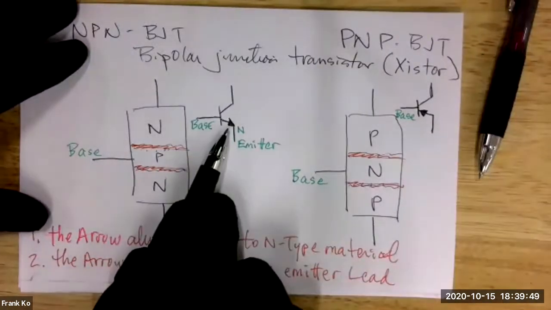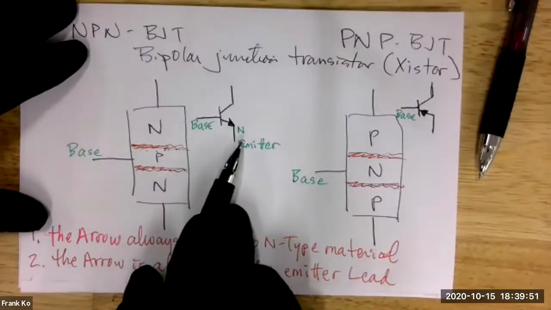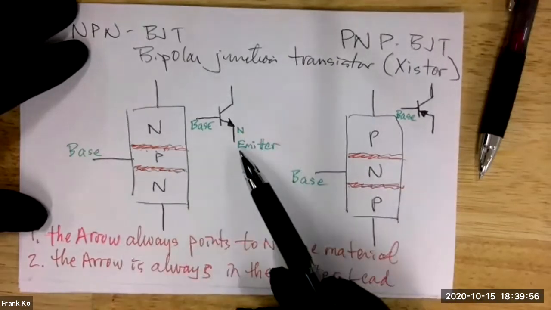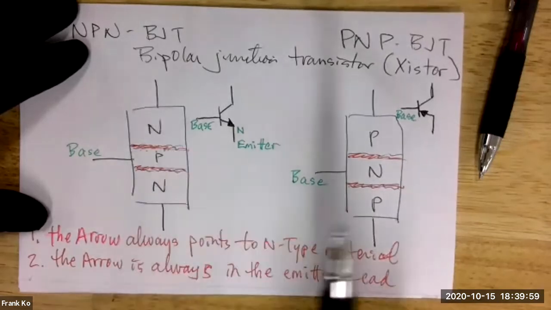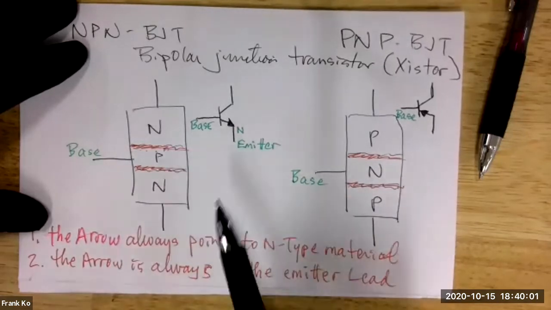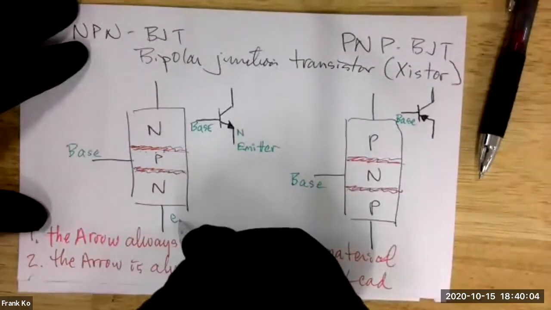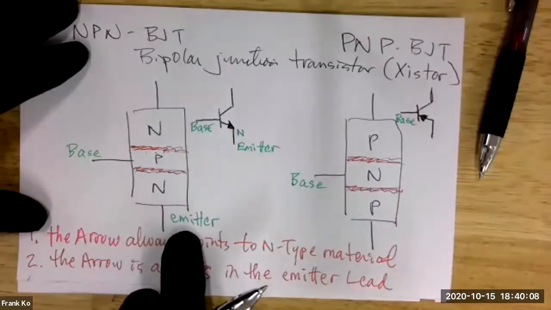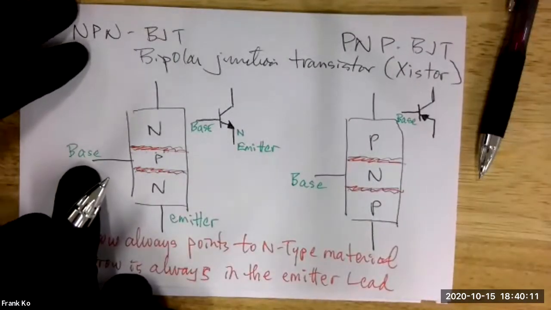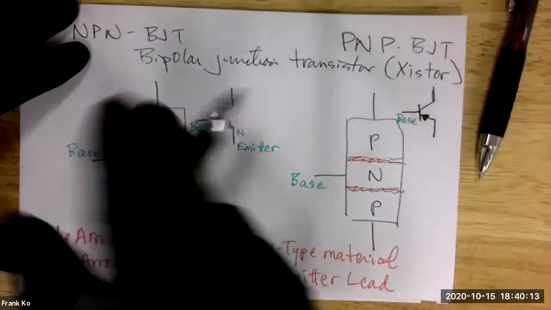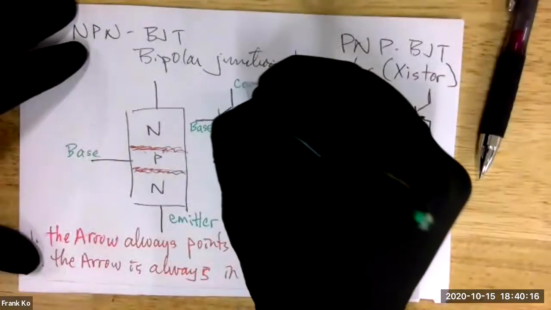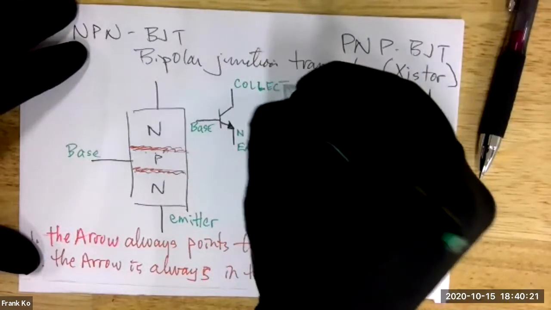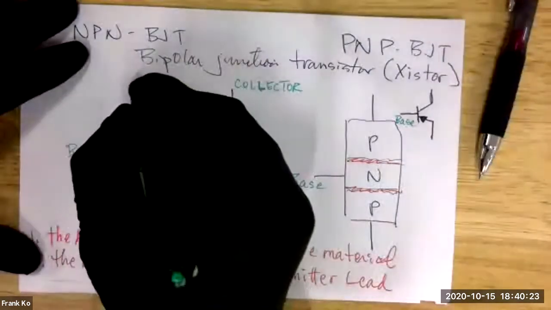So the arrow in this case is pointing to N-type material, and it's telling you N material is in the emitter. If N material is in the emitter, that's this picture here, because this is an outside lead. This will be emitter. This is called the emitter lead. The middle lead will always be the base, and then the leftover lead is called collector. Two L's. Collector. So this will be my collector.